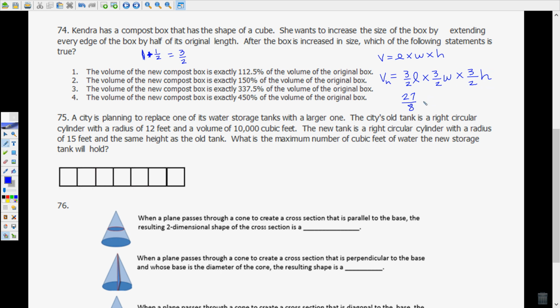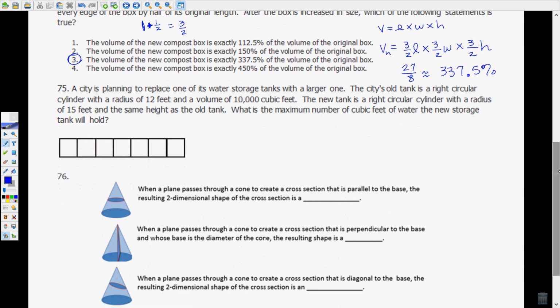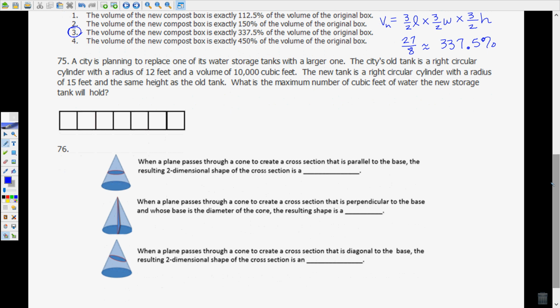And when you put that in your calculator and you move your decimal over twice to the right, that's 337.5% of an increase in volume of the original box. So if you didn't quite catch that, go back, play it again. Also, you can look on the Escambia website and see how they explain that.